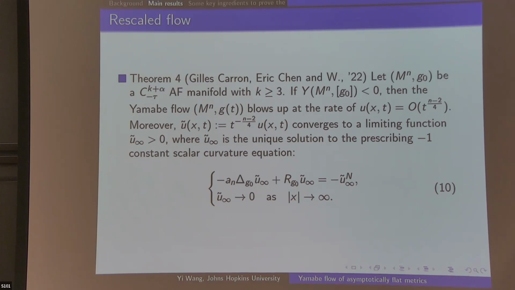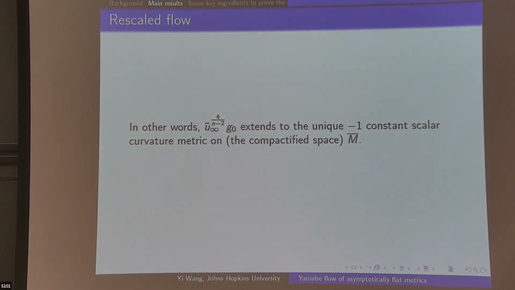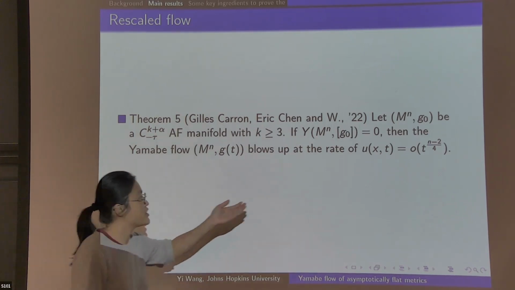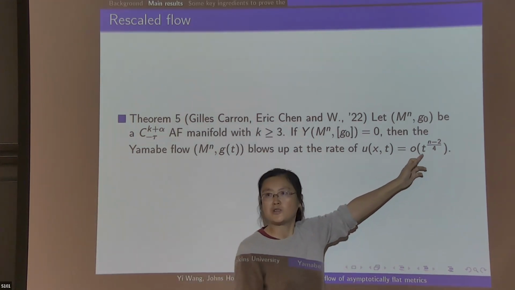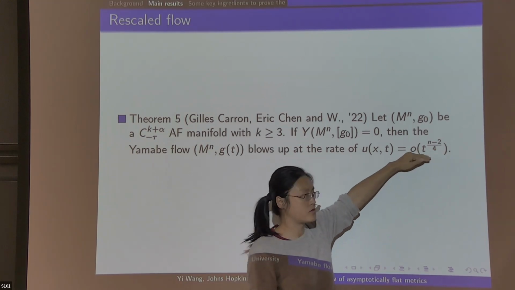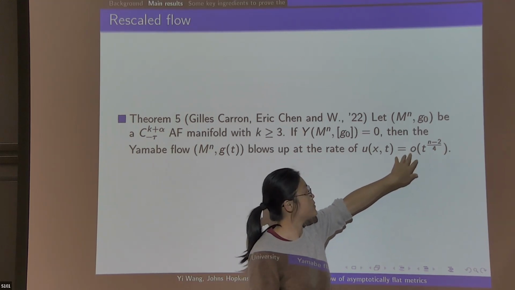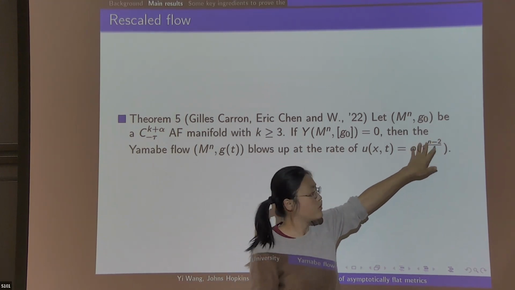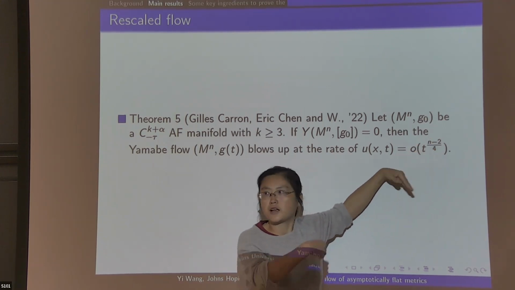And for the Y equal to 0 case, that was trickier. Here I only wrote down the statement that it's little o of t to the (n minus 2)/4, but it still goes to infinity because we have a lower bound. It is bigger than or equal to that lower bound.